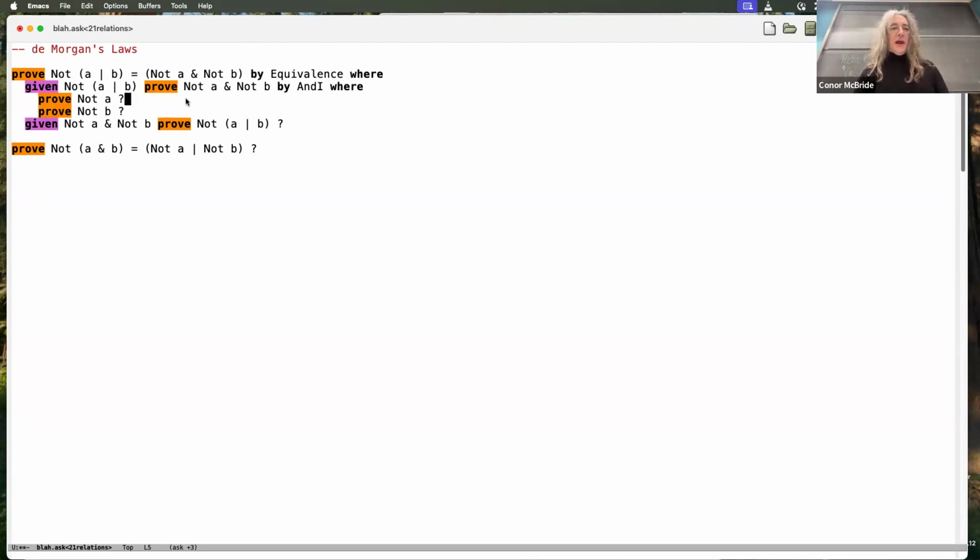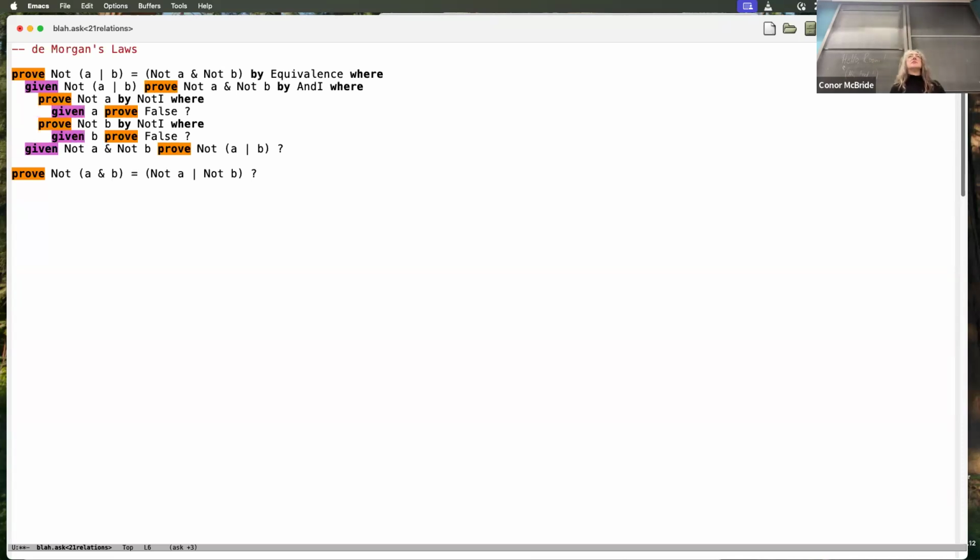And now I have to prove not A. So if I do that by not introduction, and here I'll also do by not introduction, then I will be handed, respectively, a proof of A and a proof of B. I knew that was going to happen. The way this is going to work is that I get my hands on a hypothetical proof of A, and then I know that neither A nor B is true.